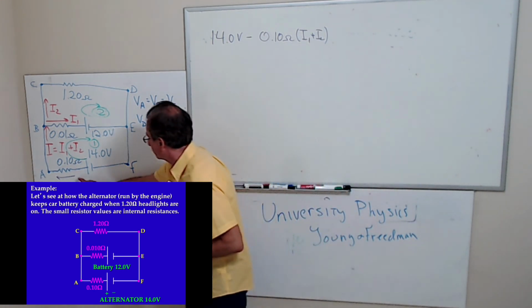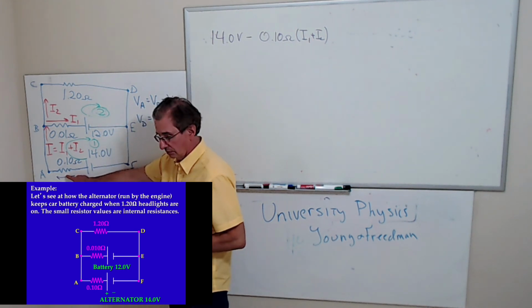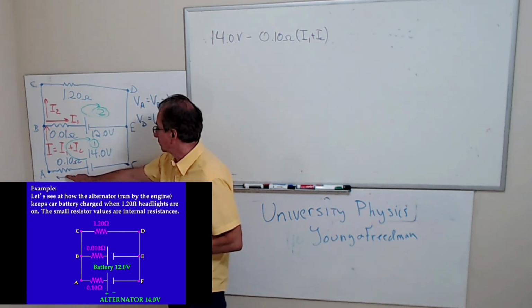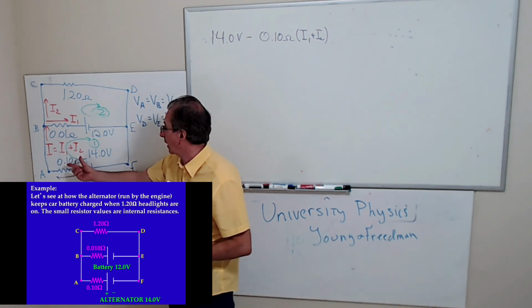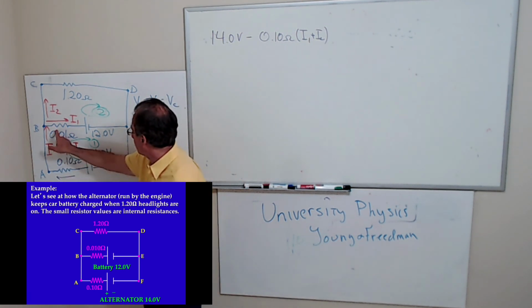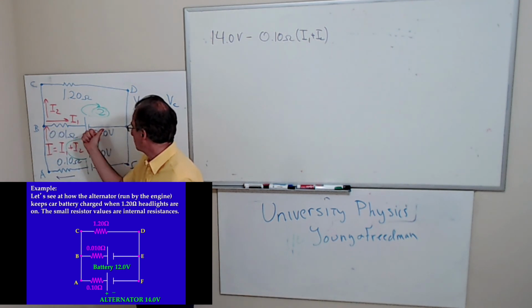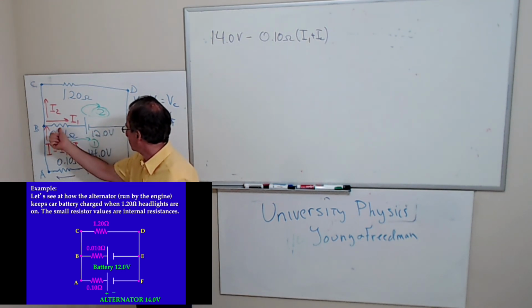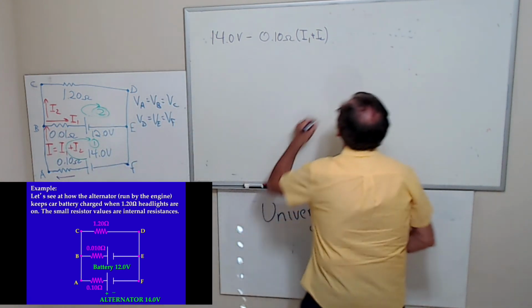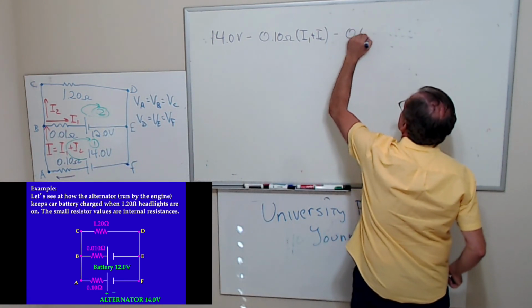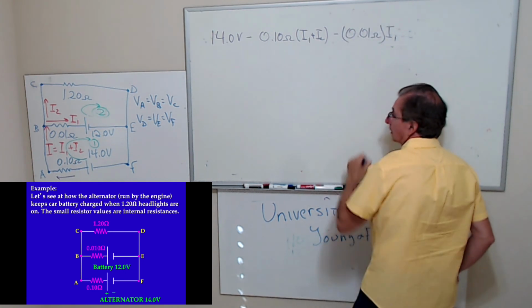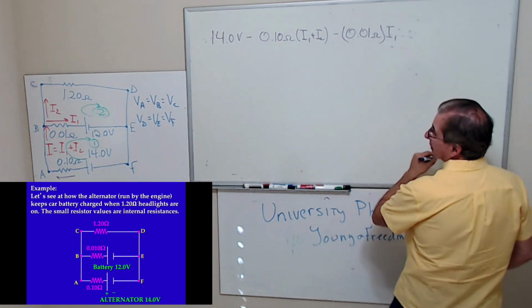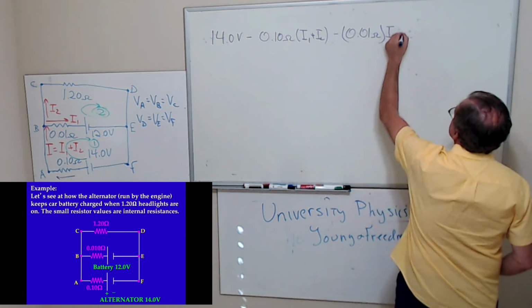This is I, which is I1 plus I2. This is the advantage of using Kirchhoff's laws right away, because now I'm writing everything in terms of I1 and I2. I get to this point, I'm going clockwise, and so this is 0.01 ohms. And then I have the 12 volt battery, which drops.